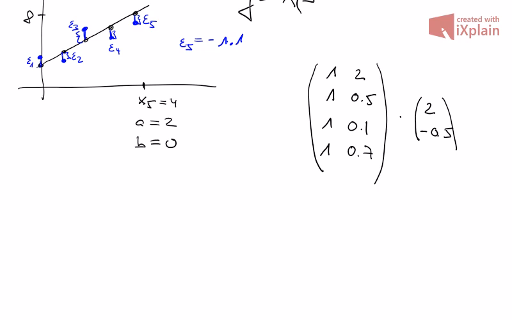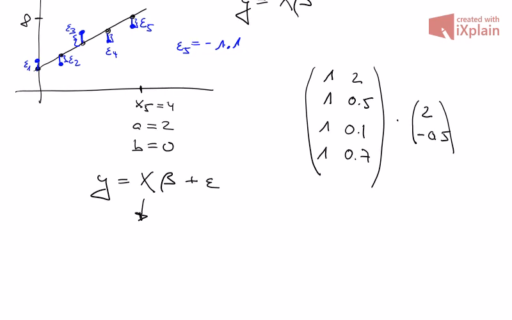So you can say, okay, I want a matrix, so let's define a matrix. What I'm showing you is a special case of this equation where we can have a special case of x which consists of a column of ones, and a column of values of an independent variable.